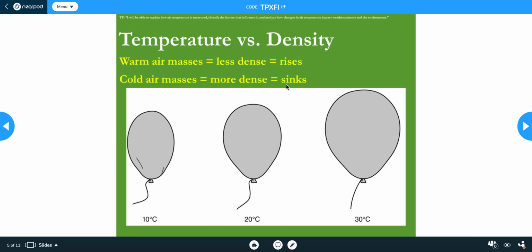That's the importance now, how temperature plays a role with the movement of air.